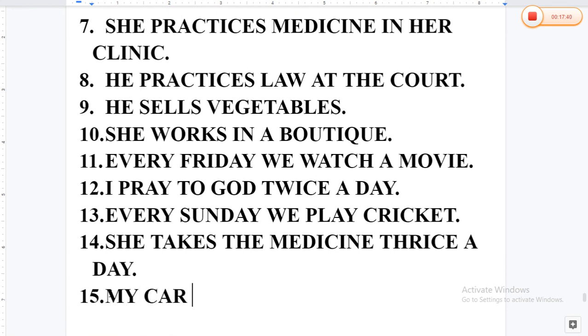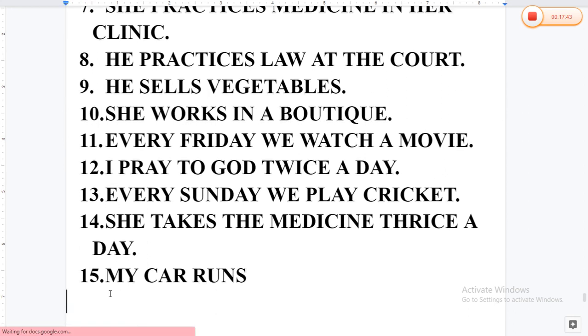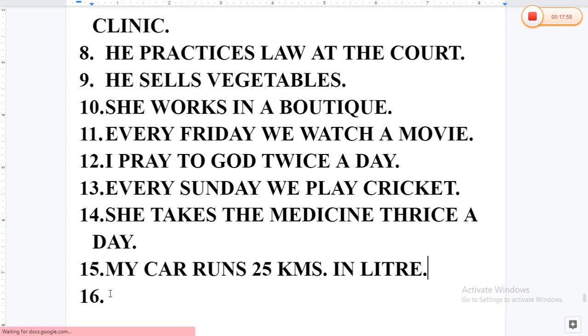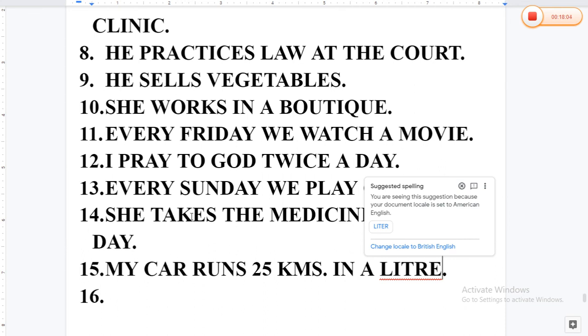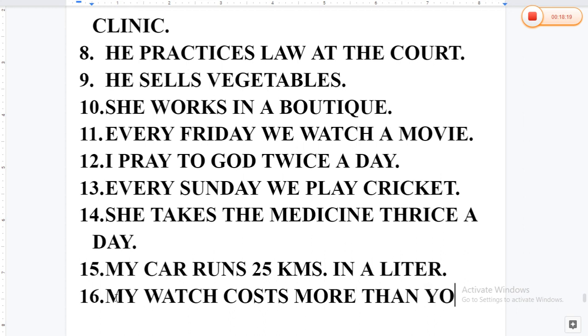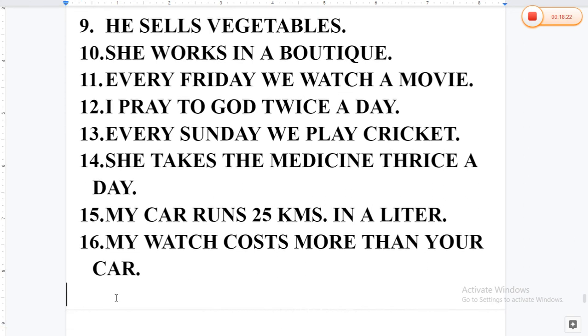My car runs 25 kms in a liter. My watch costs more than your car.